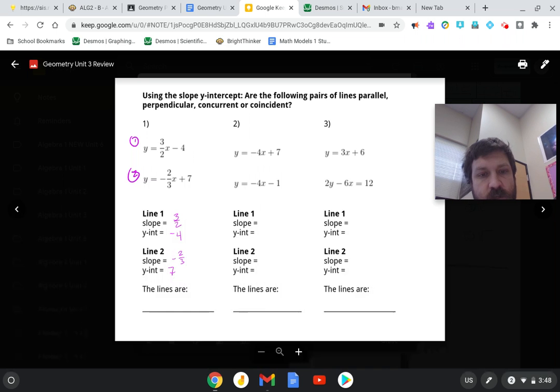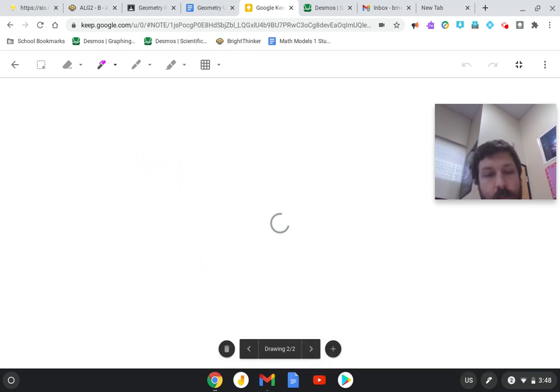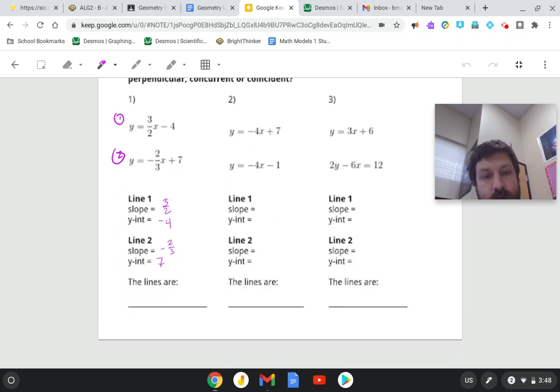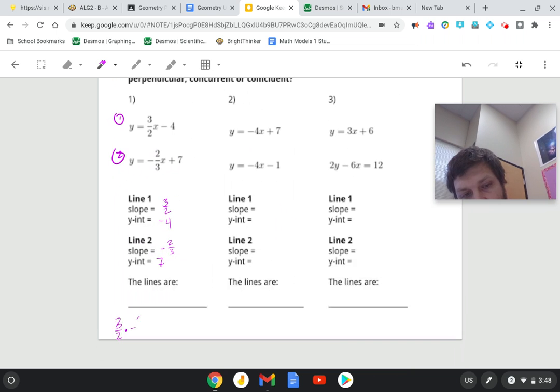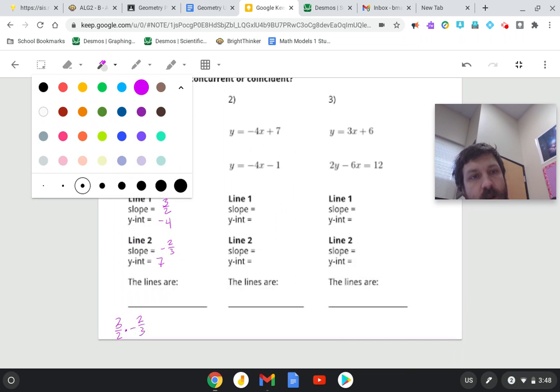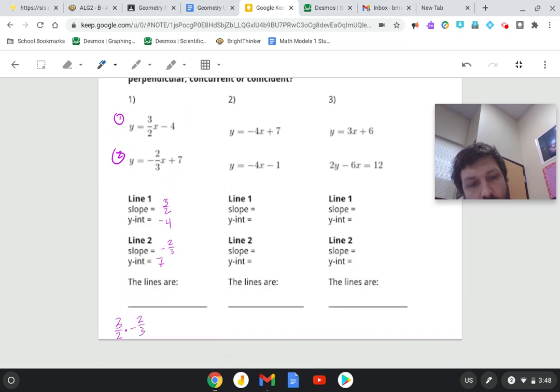One's 3 over 2, the other's negative 2 over 3. So then the question becomes, are they perpendicular? I multiply 3 over 2 times negative 2 over 3. The 3's cancel, the 2's cancel, leaving me with negative 1. And that is the number I'm looking for.